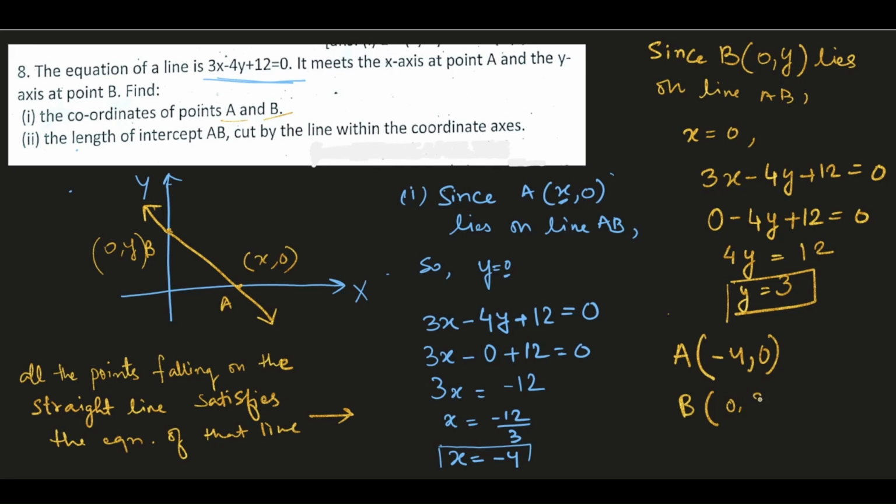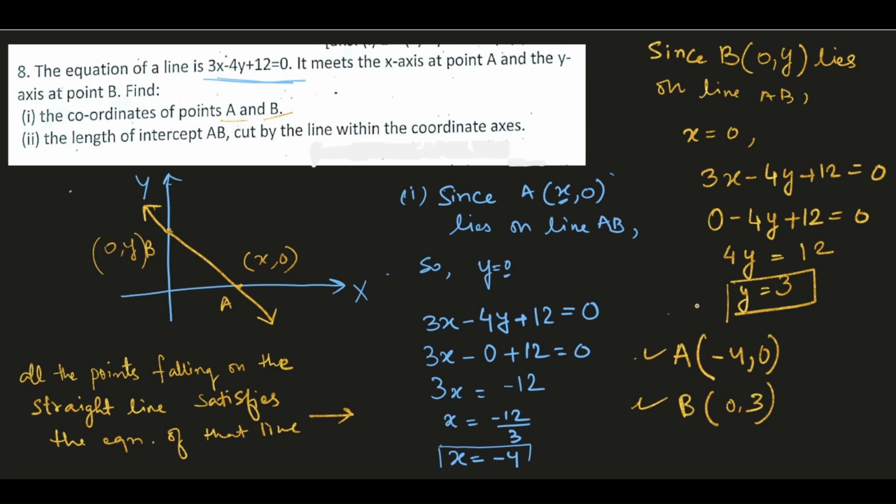We calculated it as 3. So we got our first answer, the coordinates of A and B. This is our final answer. Let's go to the second part of this question.